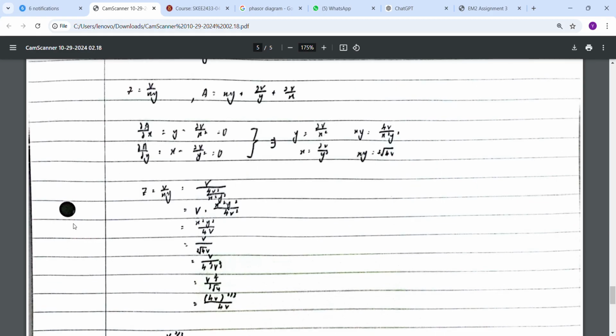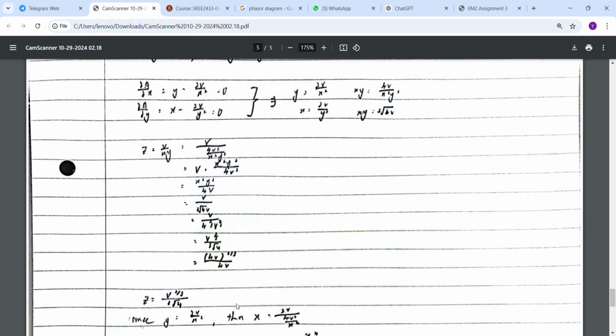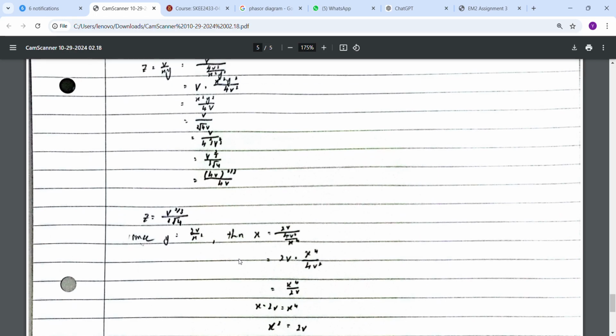Now for z equal to v over xy, we can insert the value of xy into this equation, and in the end we get 4v to the power of 2 over 3 over 4v, and the final result is z equal to v to the power of 2 by 3 and cube root 4.